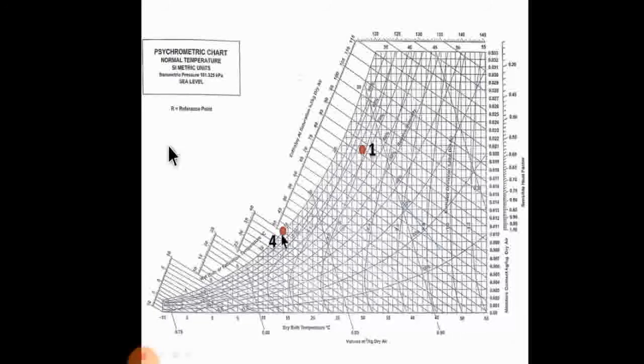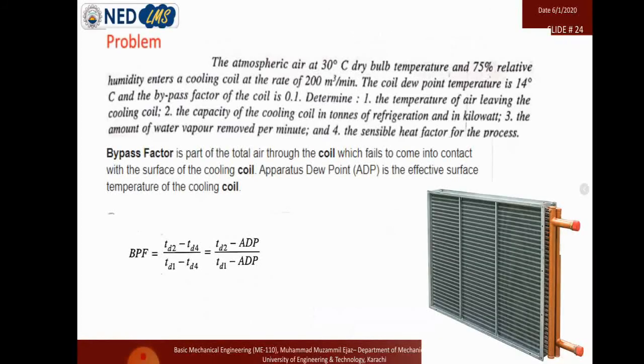The previous psychometric chart was a much simpler one and didn't have a large quantity of values. So in the paper you don't need to do interpolation and spend more time on the numerical. Anyway, let's solve this numerical.